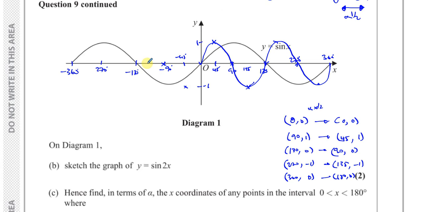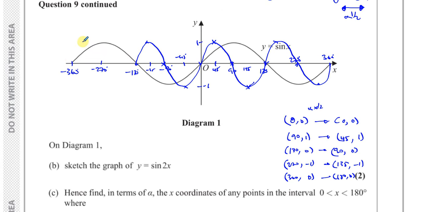Instead of going through negative 270 and positive 1, it's going to go through negative 135 and positive 1. Instead of going to negative 360 and 0, it's going to go through negative 180 and 0. So it's going to be a similar thing on this side, but just over here like this. That same shape, repeating. And it's going to repeat again like this.